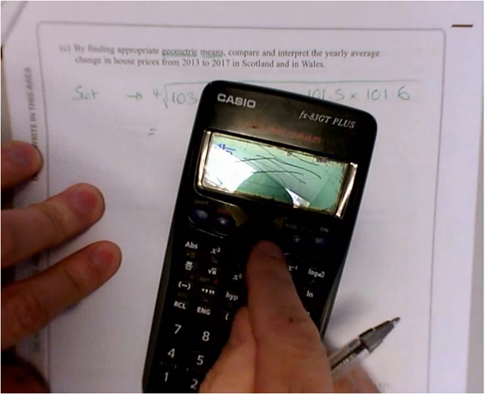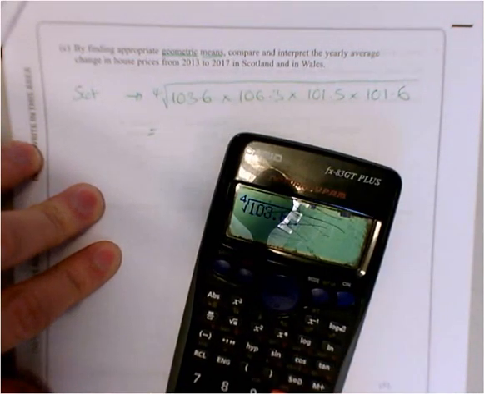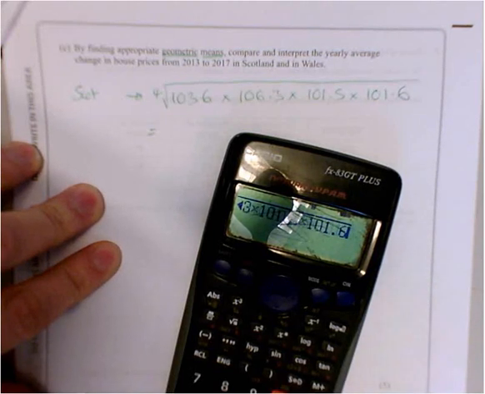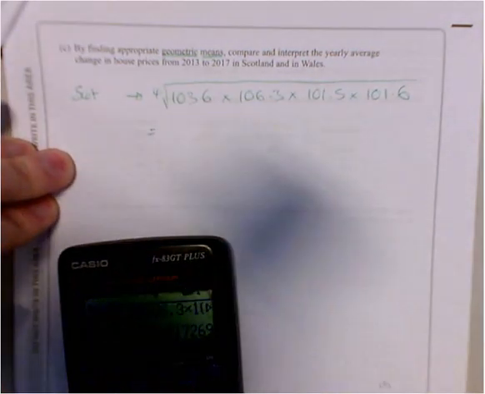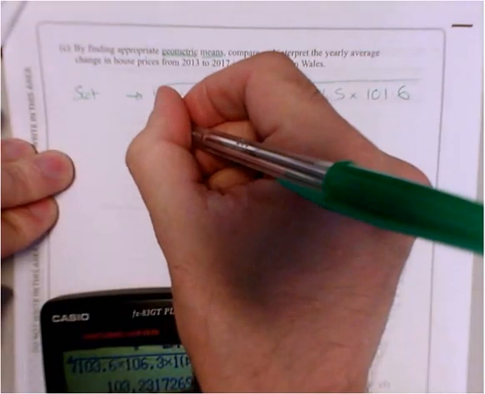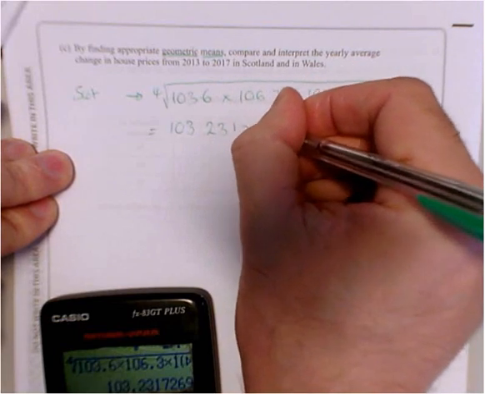So that will give me an answer of, let's have a quick look, the 4th root of 103.6 multiplied by 106.3 multiplied by 101.5 multiplied by 101.6, and that's come to 103.2317269.